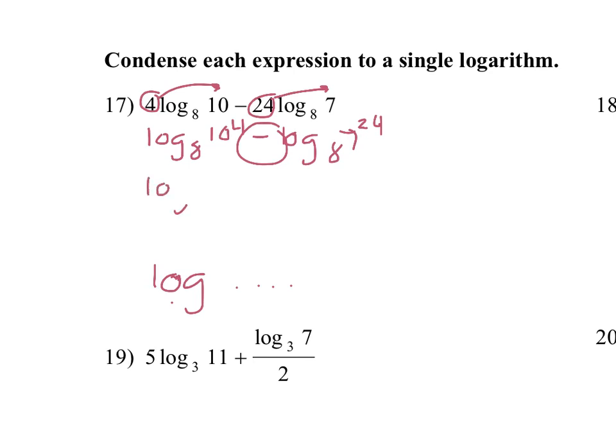So we're going to have log base 8 of 10 to the 4th power over 7 to the 24th power. So here, if you notice, we only have one log, and then all of our terms come after it. Any questions on this one?